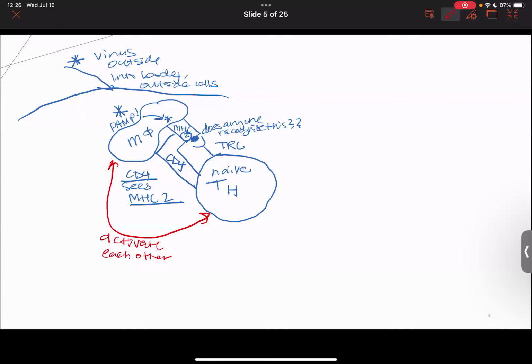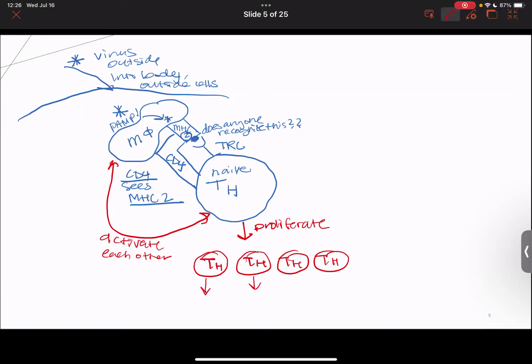And so when this happens, when the activation happens, we're going to first proliferate, or we're just going to be a whole bunch of THs. And then each of these that we've proliferated will differentiate.